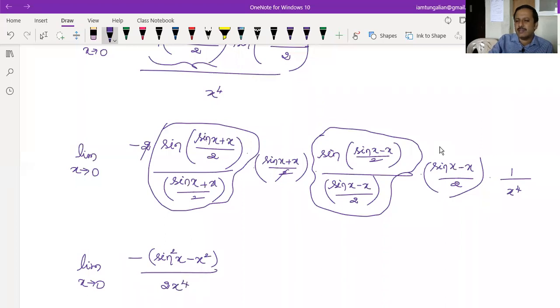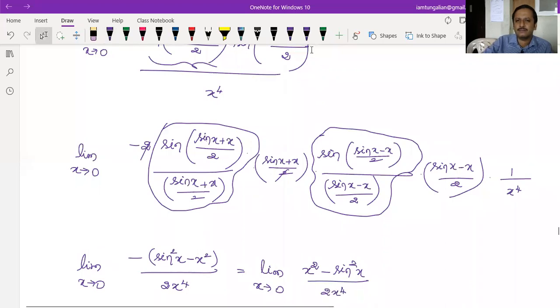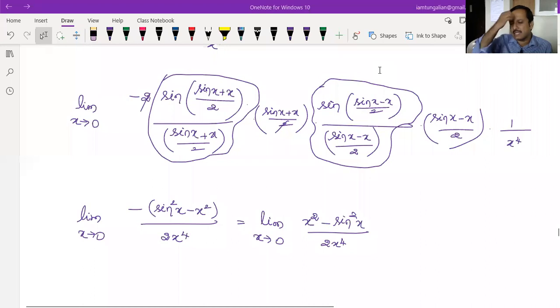Divided by another 2 is remaining into x power 4. Take this minus inside. So limit x tends to 0, x square minus sin square x divided by 2x power 4.